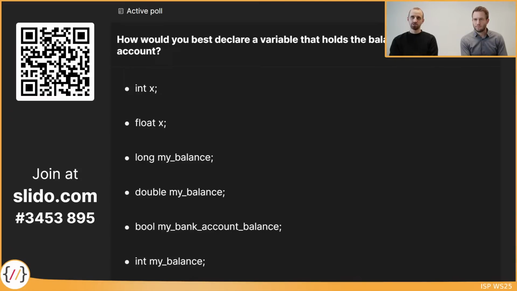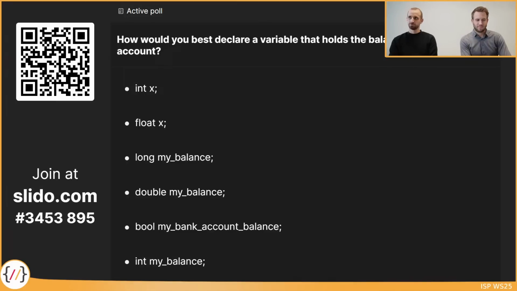The question is, how would you best declare a variable that holds the balance of your bank account? We have to consider two things: the data type and of course the variable name.